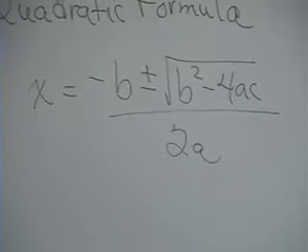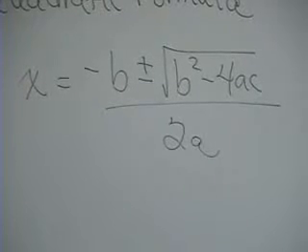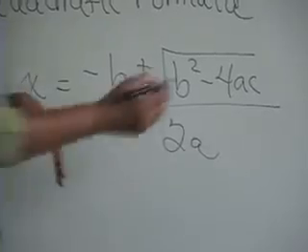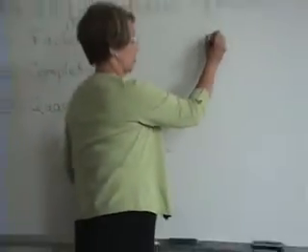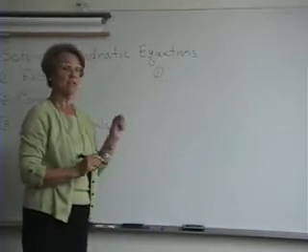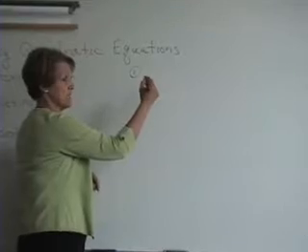But right now, we want to look at the quadratic formula and how we use it to solve a quadratic equation. Well, the first thing that we need to do is write our quadratic equation in the form of ax squared plus bx plus c equals 0.